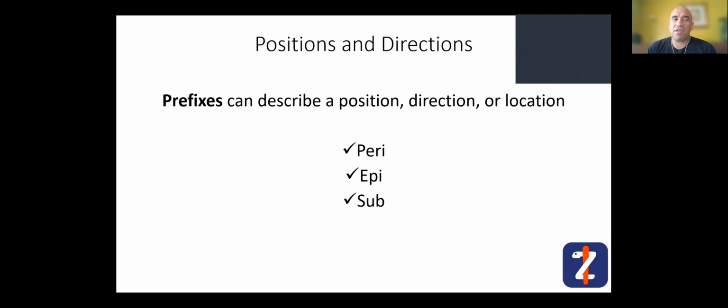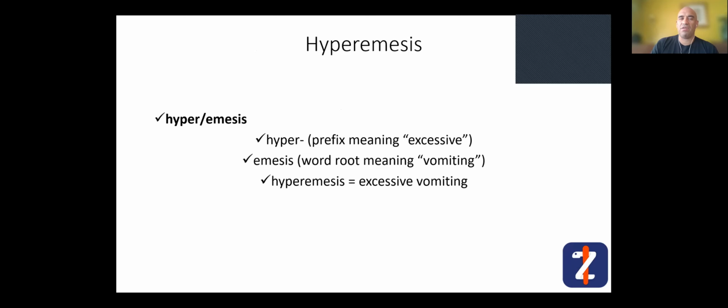Now, position and direction: a prefix can also describe a position, a direction, a location. All right, peri, which would be around. And you also have epi, which is above, and sub is under. All right, pericardium, I'm just giving examples. Epiglottis, subcutaneous tissues. So again, these are just prefixes that give you direction, position, and location.